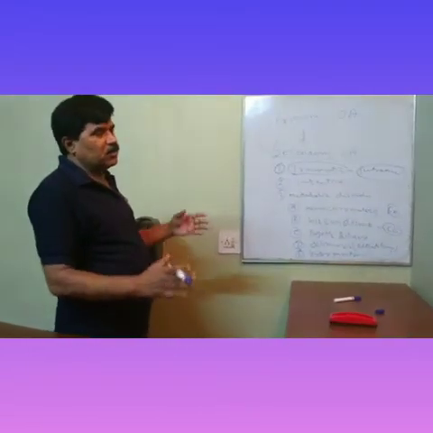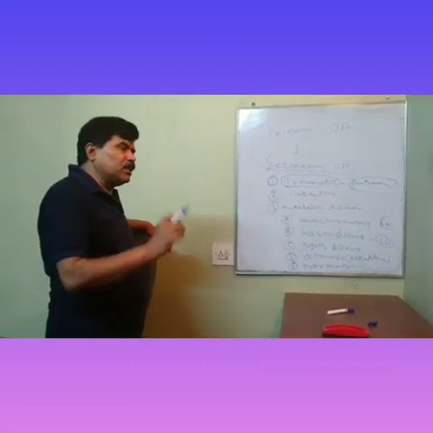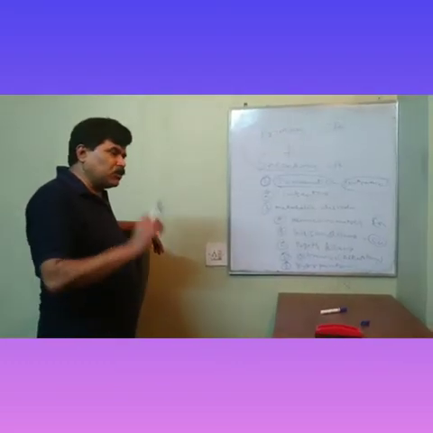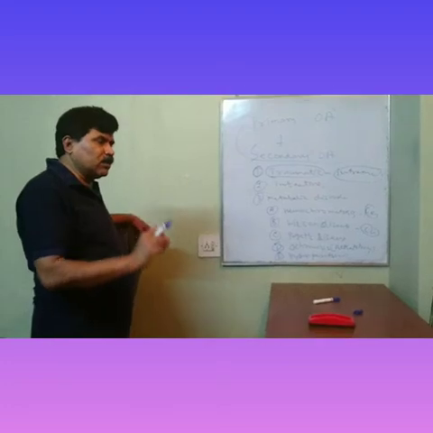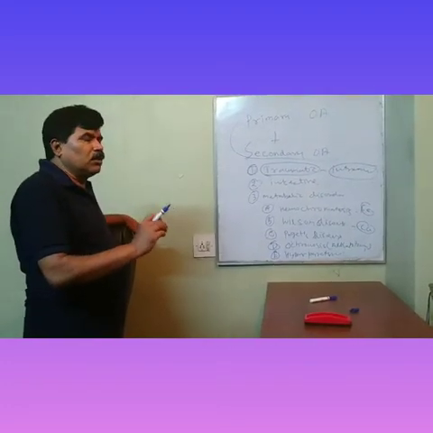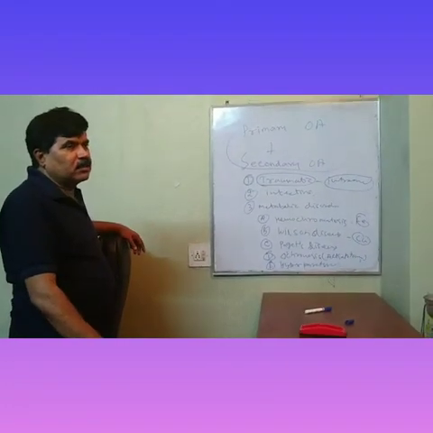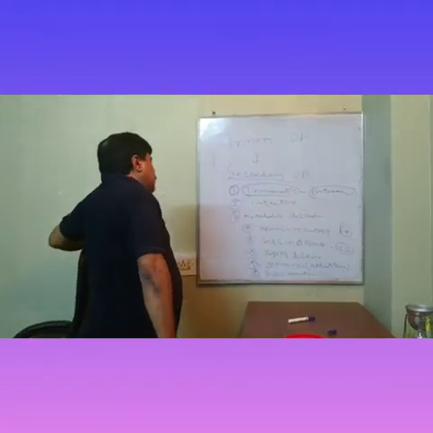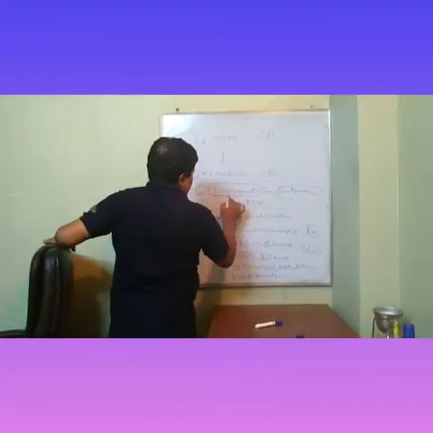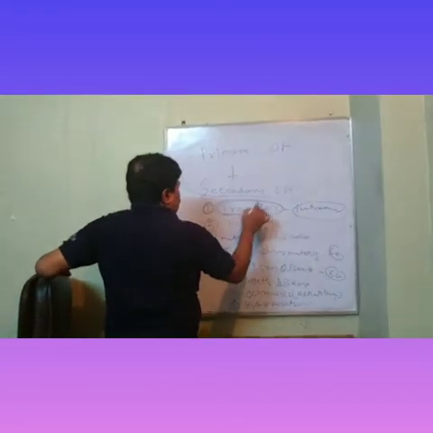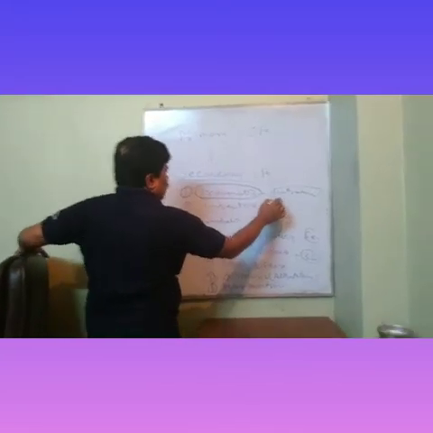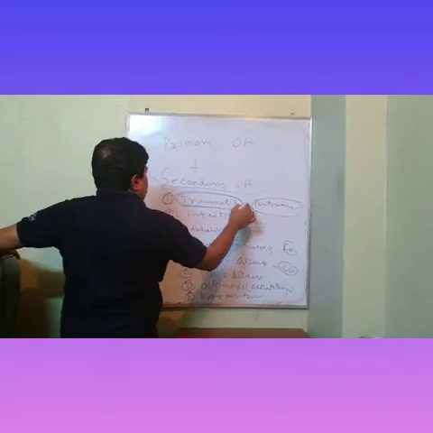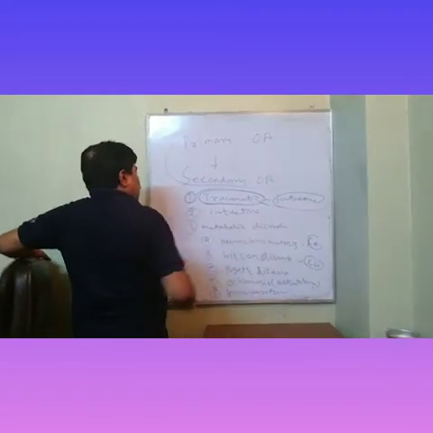If there is an intra-articular fracture, you must fix it, achieve anatomical reduction, and go for open reduction and internal fixation. This is very important in traumatic intra-articular fracture, which leads to secondary osteoarthritis.